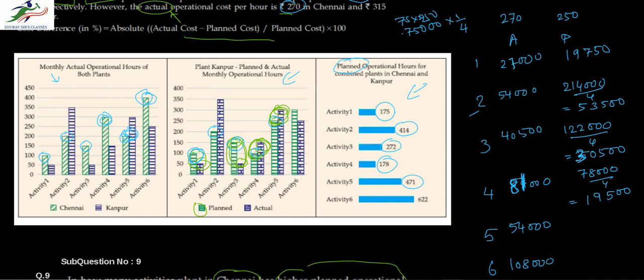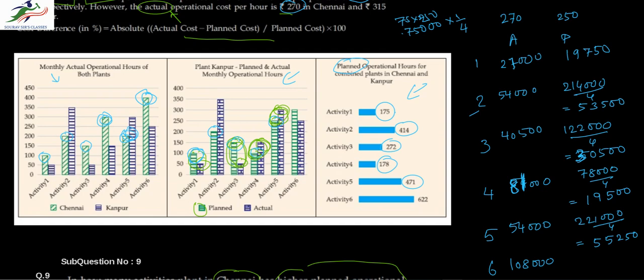So 221,000 by 4 is equal to 55250. Yes, 55250.